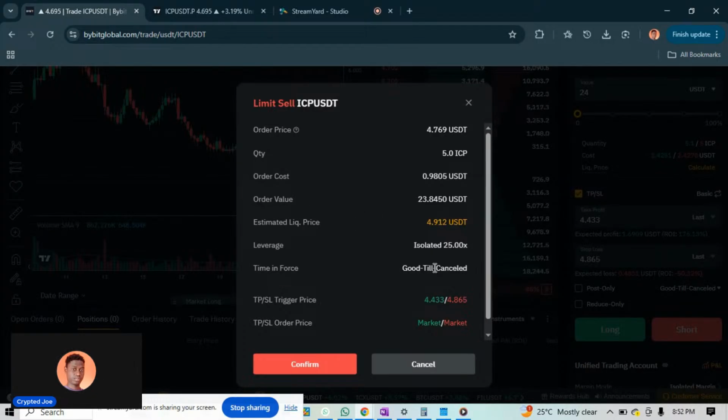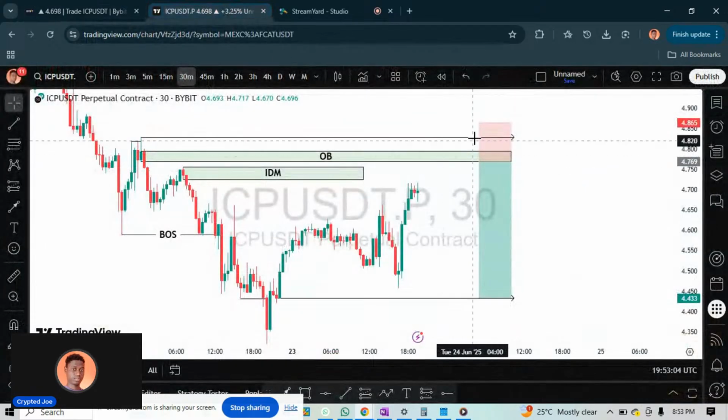Now, take note of this. If you are shorting a coin, make sure that your stop loss is lower than your liquidation price. Your liquidation price is the one in yellow color. This is estimated liq price, that is liquidation price is 4.912. Now I'm to make sure that my stop loss is lower than this figure. Why? Because if it goes my way, I want to hit my stop loss first before my liquidation.